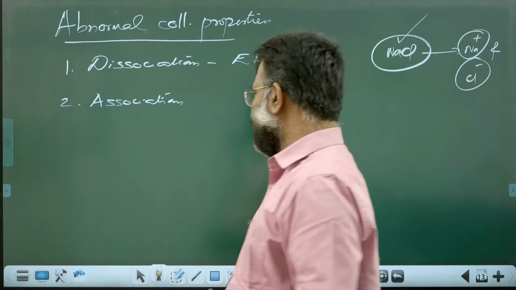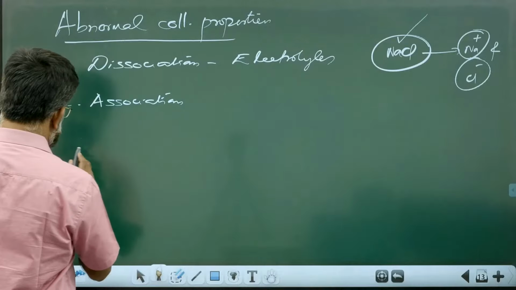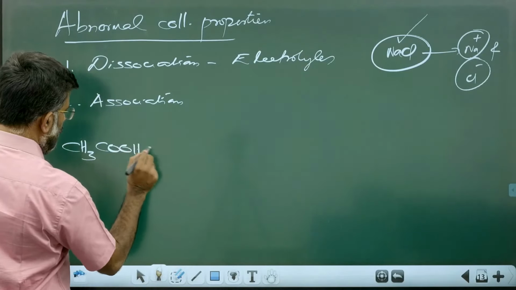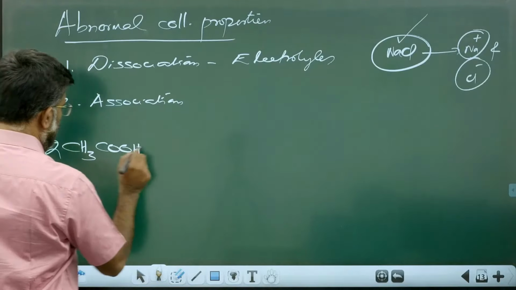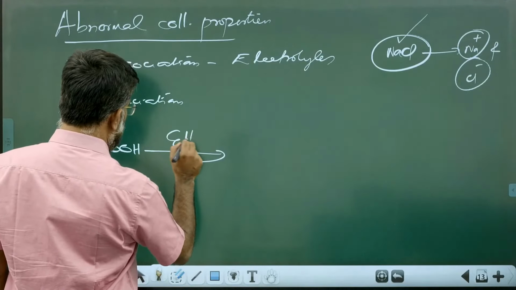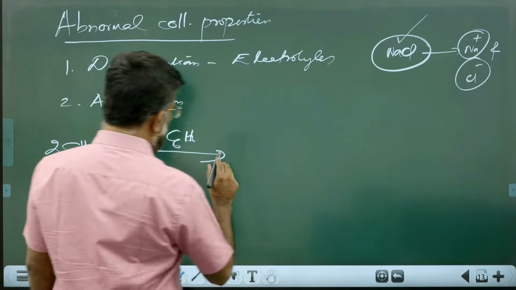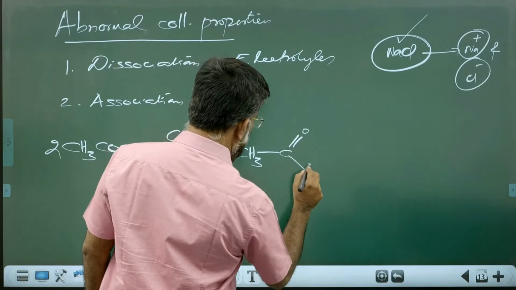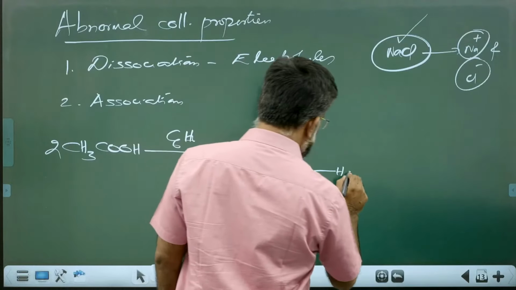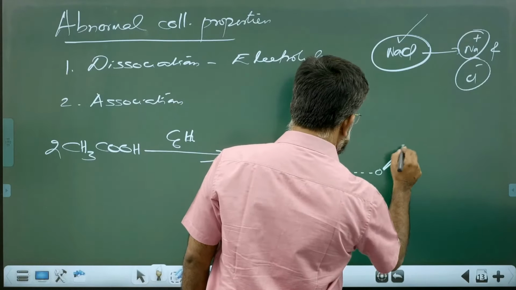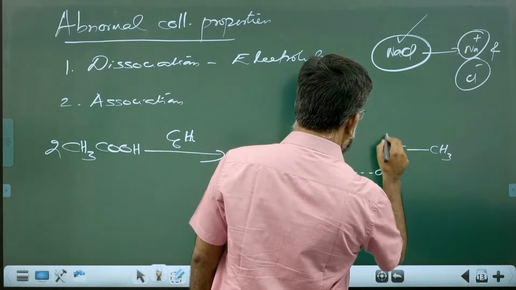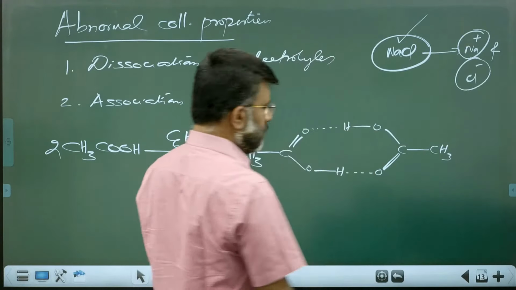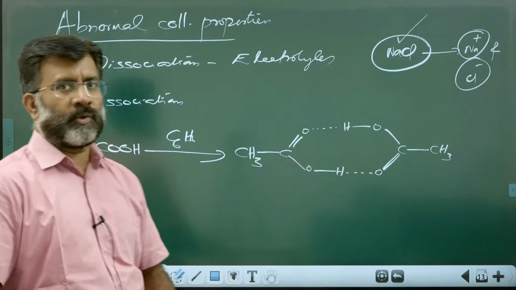Sometimes you know what can happen. For example, acetic acid taken in benzene will undergo dimerization. Two acetic acid molecules will act like a single particle, like this. It undergoes association.